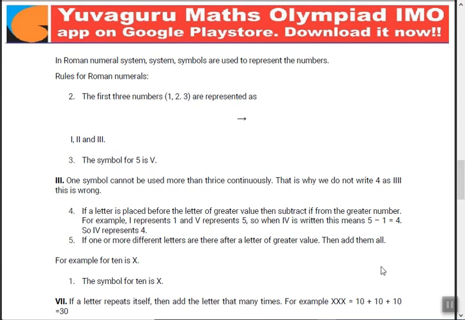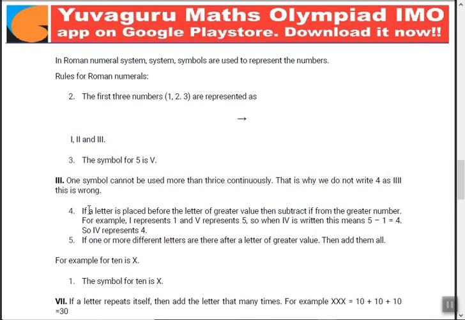Then 1 before V, it means I and V. Why can't we write 4 lines for 4? Because there is a rule in Roman numerals: one symbol cannot be used more than thrice continuously. Remember this, continuously. So you can't use this 4 times continuously. That's why we do not write 4 as 4 lines. That is wrong.